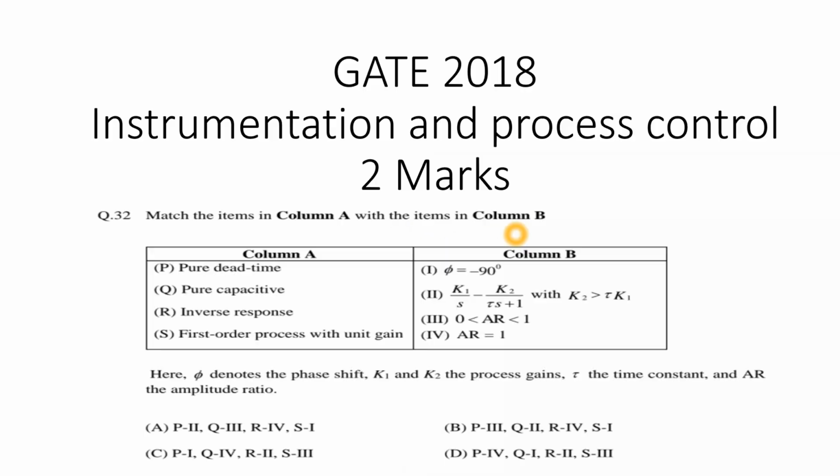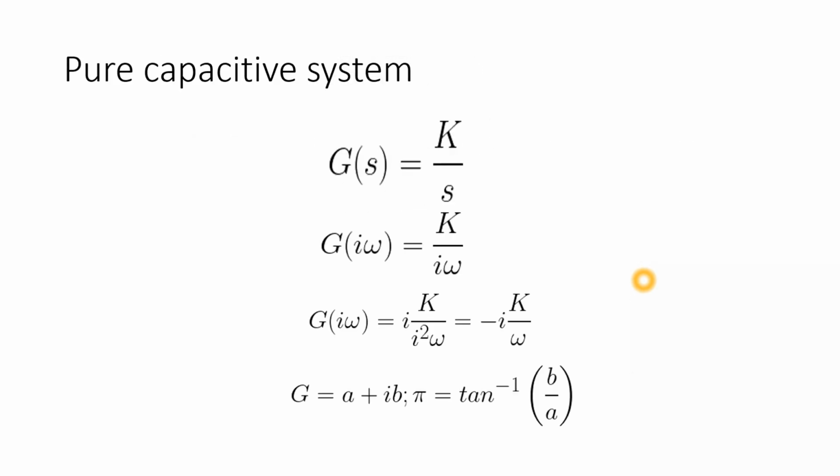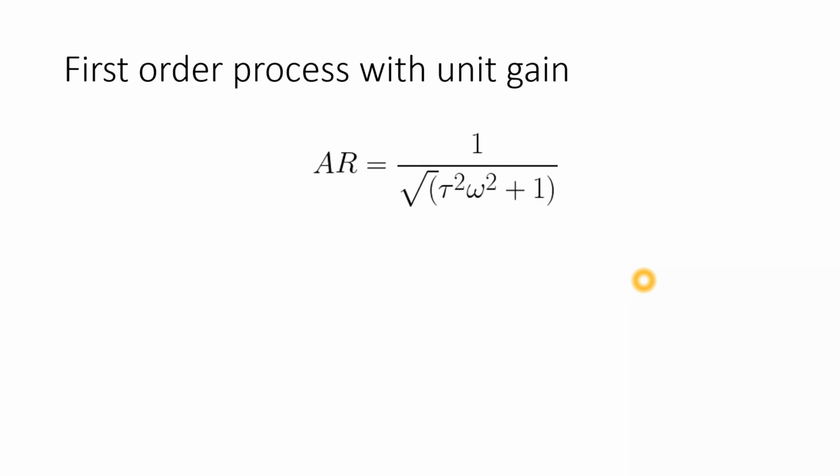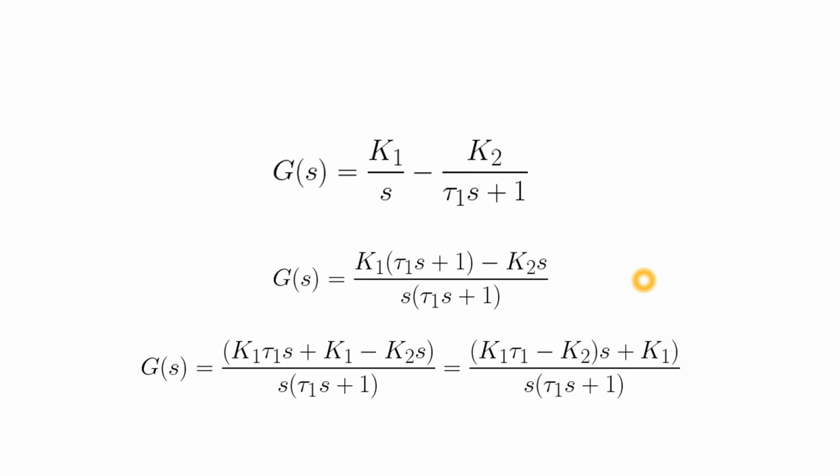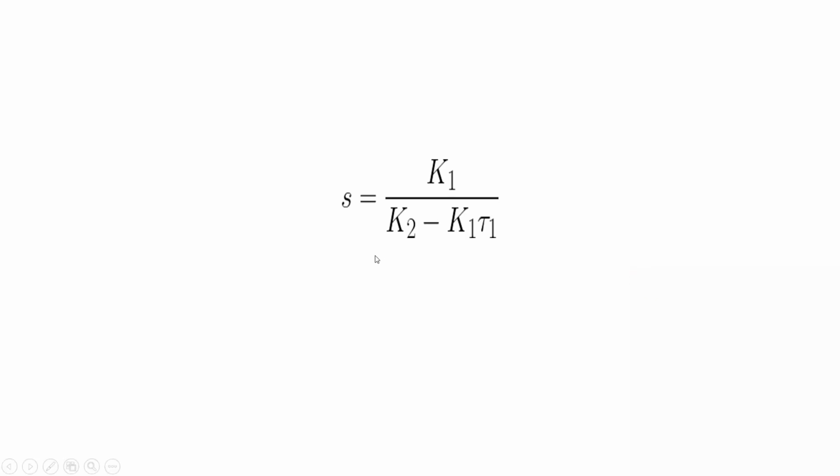It is given in the question that K2 is greater than tau K1. Since K2 is greater than K1 tau, s will be positive, so there is a positive zero. Whenever there is a positive zero, an inverse response is present.